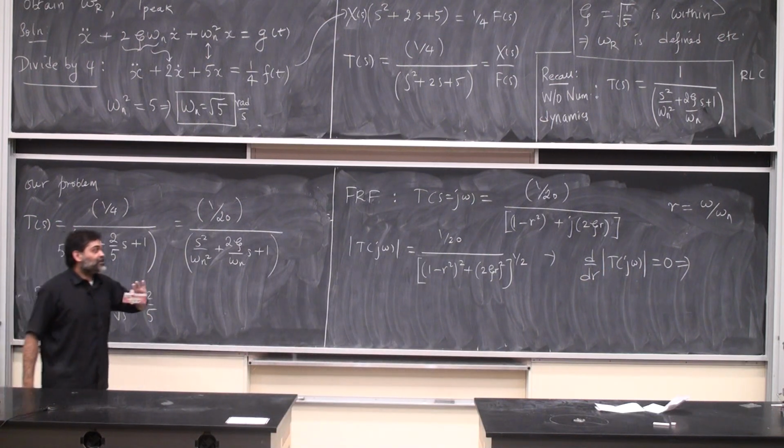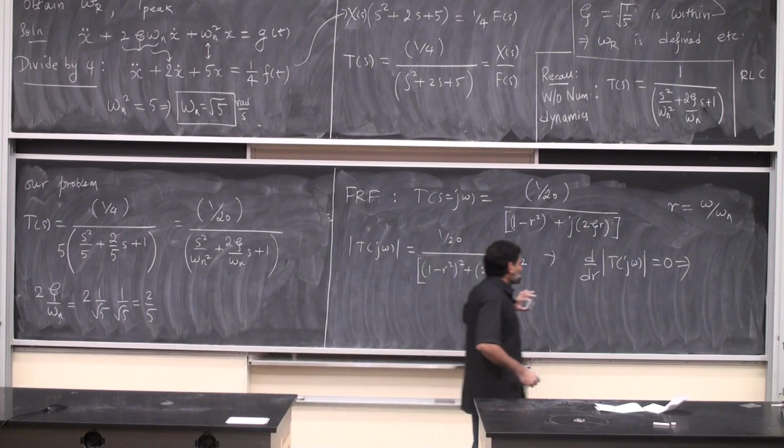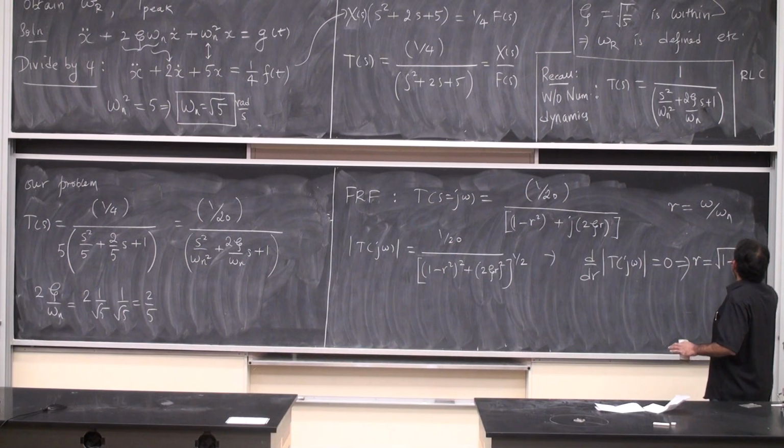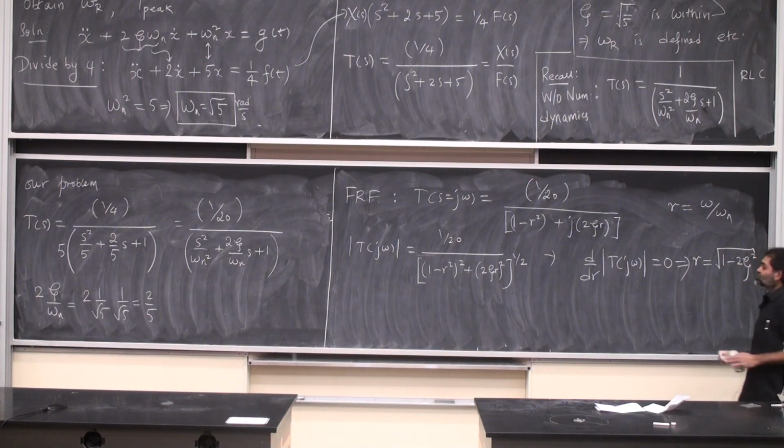You will still get the resonant frequency, you be my guest, do the differentiation and all that. This is the same as what we had before. Makes sense to everybody? So far so good.